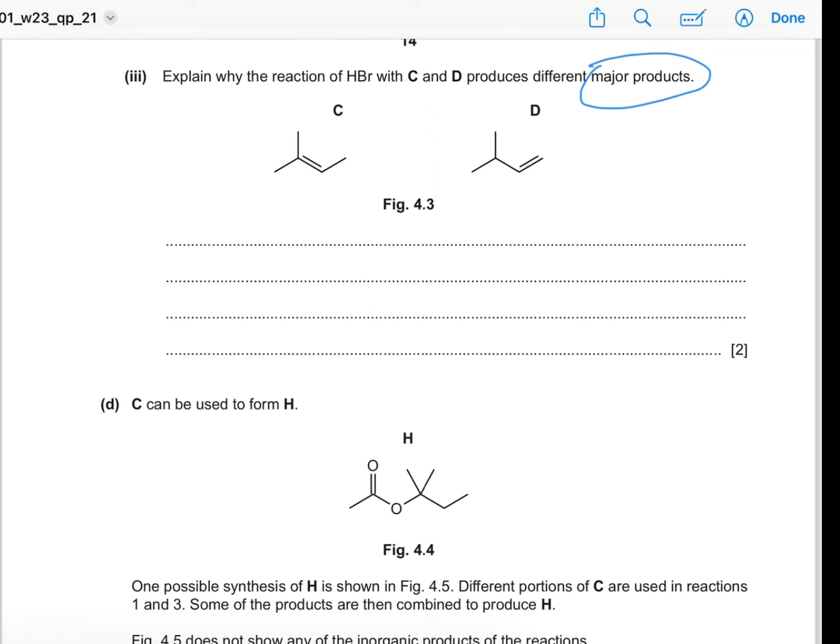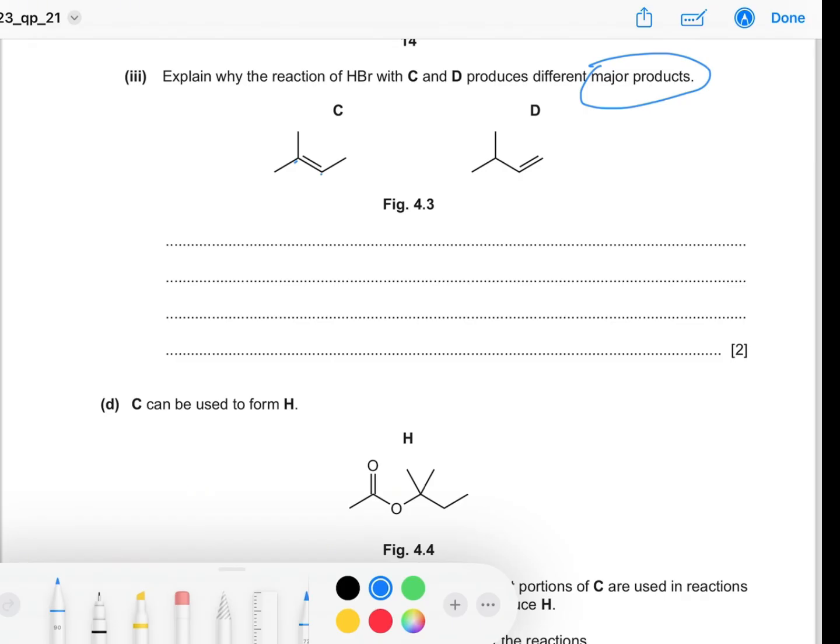When you look at C and it reacts with hydrogen bromide, the bromine can bond to the second or the third carbon atom, which means it can form two different carbocations for the intermediate. If the bromine atom bonds to the second carbon atom, it will form this intermediate, which is a tertiary carbocation, as the carbon that has a positive charge is bonded to three alkyl groups, two methyl groups, and then this one over here.